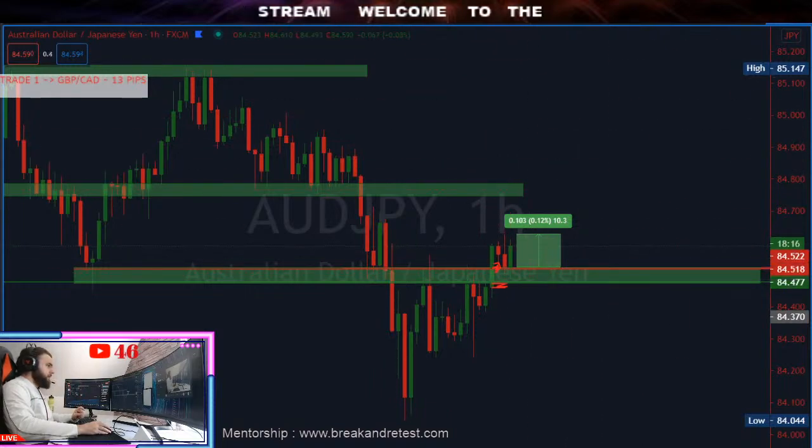Now if you enter one position here and one position lower, this position is going to have 10 pips earlier than this one. So if this one goes 10 pips, let's say you close this one and you leave this run until it gets 10 pips also.